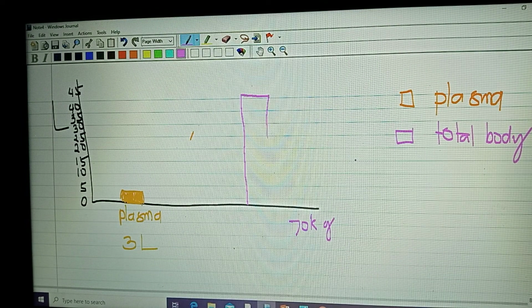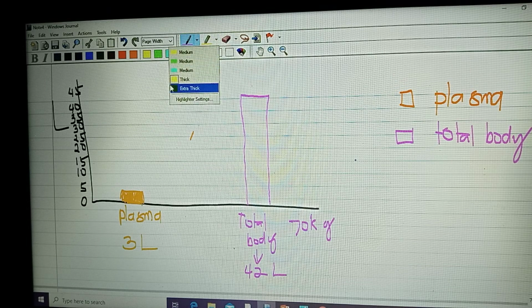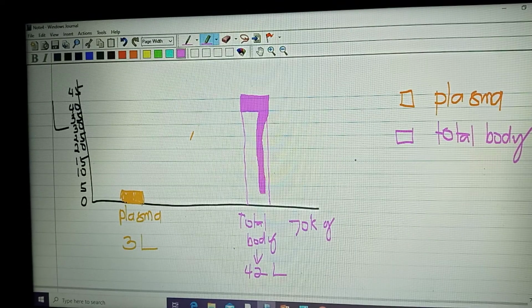Ayun. So, this is the total body, estimated as 42 liters in a human being. So yan yung ating compartment ng your total body.